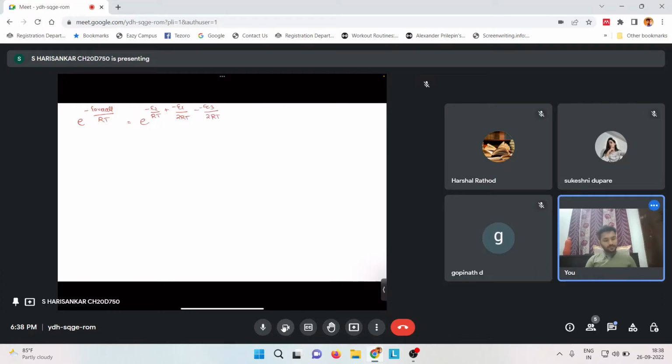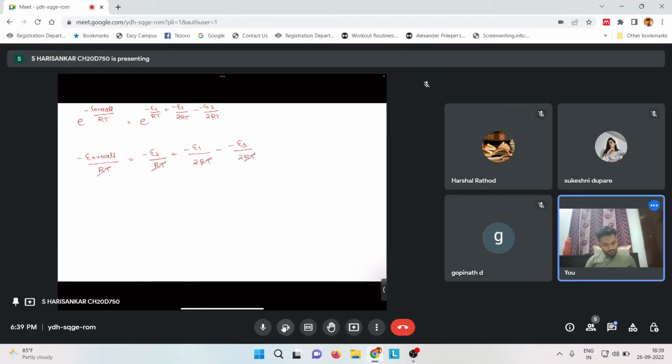Now just take the ln on both sides, or equate the exponents itself. We will have minus E overall by RT is equal to minus E2 by RT plus minus E1 by 2 RT minus E3 by 2 RT. So we can cancel RT on all the sides.